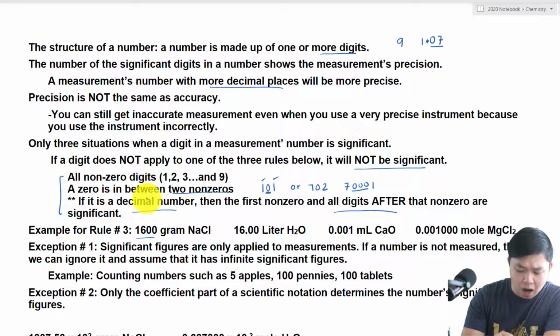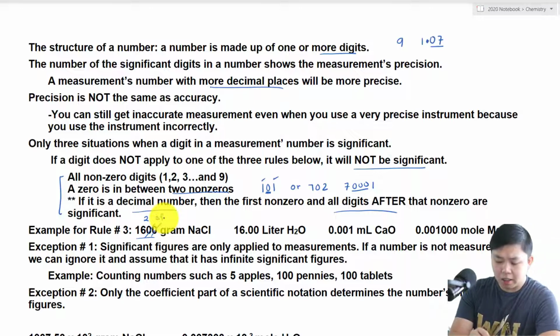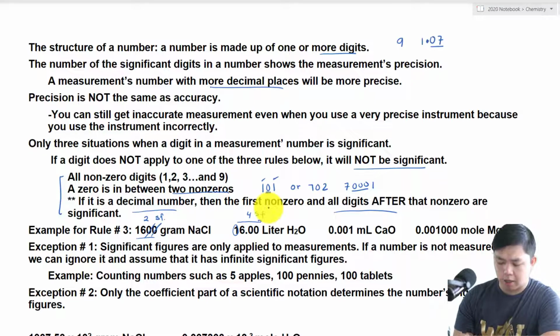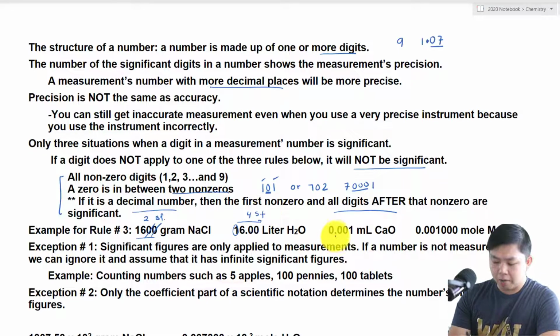No, because they are not between 2 non-zero digits, so they are not significant. In this case, we only have 2 sig figs. I'm going to abbreviate as SF. Now over here, is this a decimal number? Yes, look at this, that's a decimal point right there. We start from our first non-zero digit, counting all the way to the end: 1, 2, 3, 4. So we have 4 significant digits. Okay, what about this number?